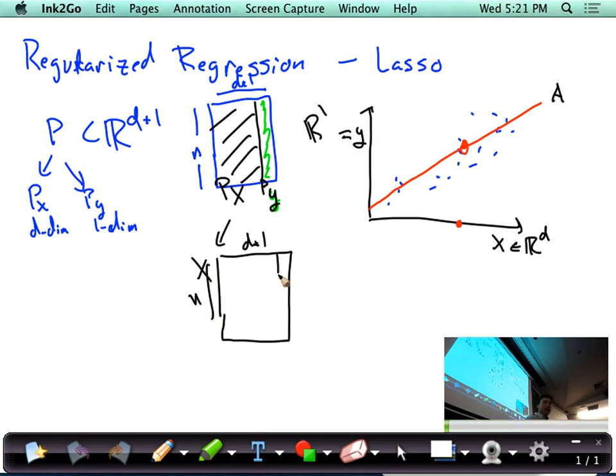You have the same part, px, but then the last column is going to be all 1s. So this will be a matrix X, which is n by d plus 1. And then we'll also have this vector py.